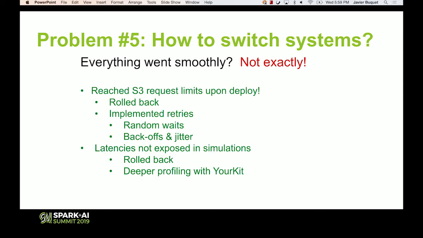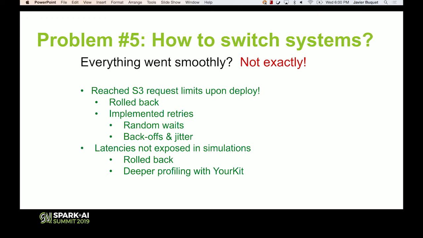And did everything go as planned? Well, yes and no, not exactly. For the latency situation, I already explained that we did some profiling. But when we deployed the new Spark models to all the hundreds of bidding machines, we saw that these models were actually stored in S3, and all of these machines were grabbing the models from S3.